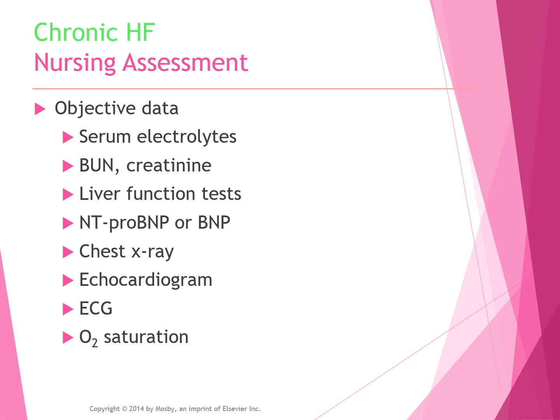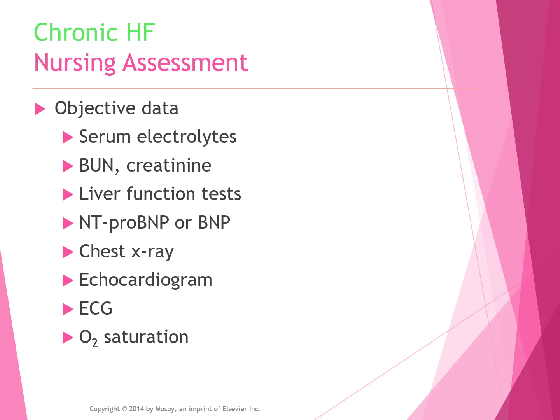Checking a BNP, or some hospitals have NT-proBNPs, which is the same thing as a BNP, it's just more specific. So numbers will be higher, but if our BNPs are elevated, that would make us think that there's too much volume going back to our ventricles, and that's what is released, is that hormone BNP.